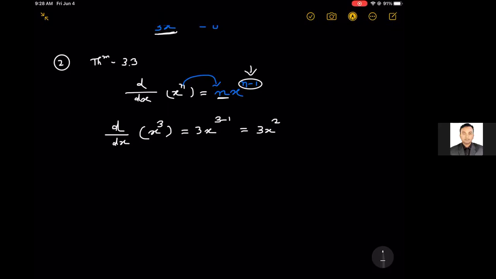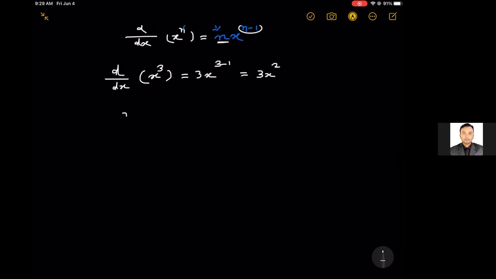Okay, so this is actually true for any value of n. If you go to the slide, it says that if n is a non-negative integer, then it's true, but you will see examples where we can use this. But let me show one first.